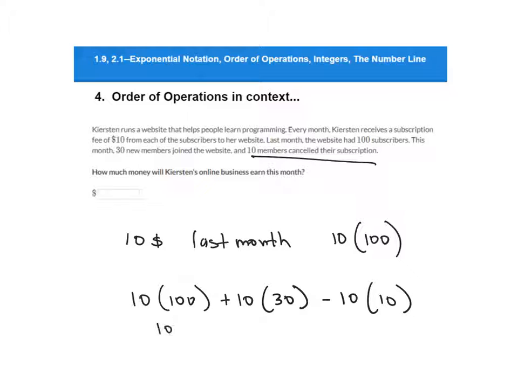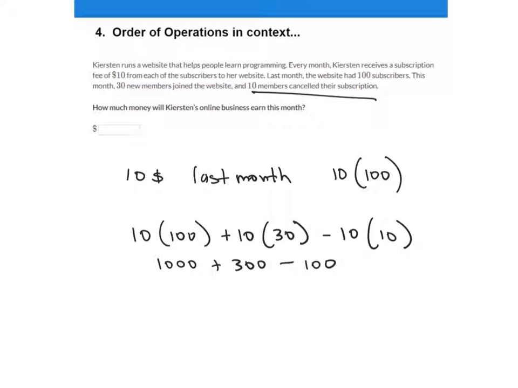Well, there would be $1,000, and here's $300, and lost 10 members at $10 each, so that would be 100. So just go left to right: 1,000 plus 300 would be 1,300, and we're going to take away 100, so we should get $1,200 is what she made this month online.